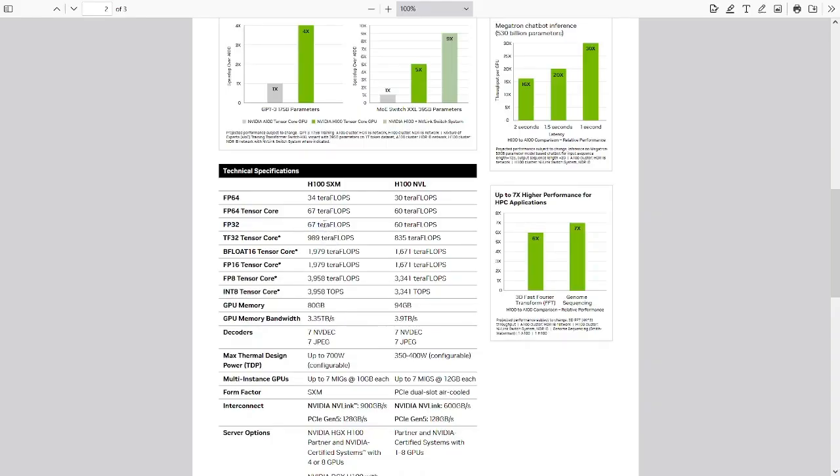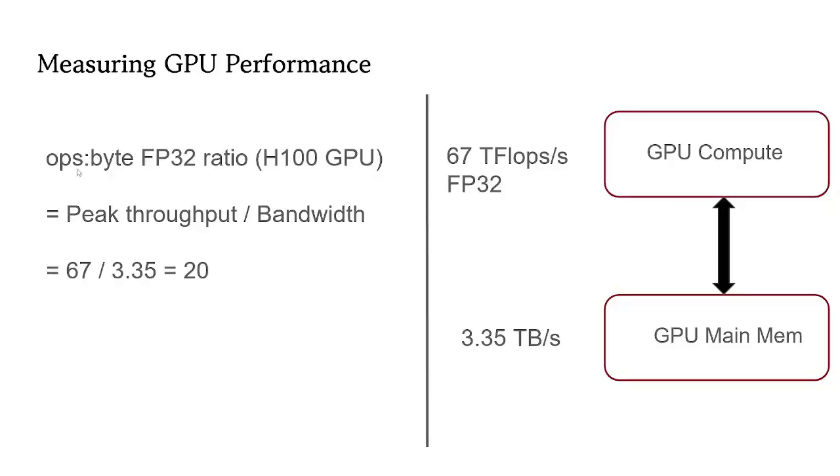So 67 teraflops. And the ops byte ratio in that case is 67 teraflops per second divided by 3.35 terabytes per second, which is 20. So we can have a toy diagram of the GPU where there are execution units of the GPU running at this capacity, and then there's the main memory of the GPU, which can send data at this rate.